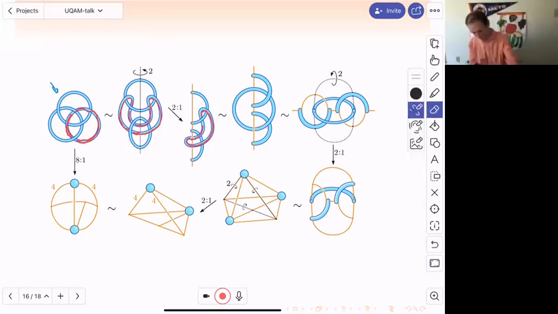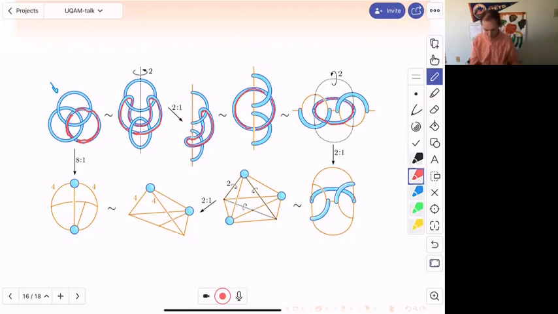And as we go through and complete this picture, we can look at other 2-fold quotients.